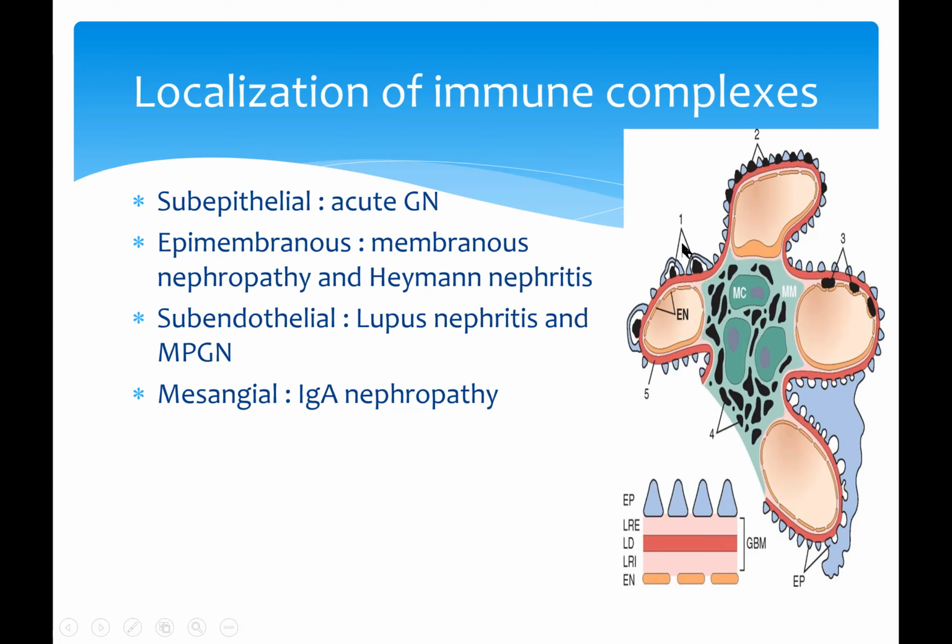So let's try to study this. As you can see here, the immune complex is right there. So that is what we regard as subepithelial. And it is characteristic of acute glomerulonephritis. On the other hand, it may also be that they are depositing in the mesangium.